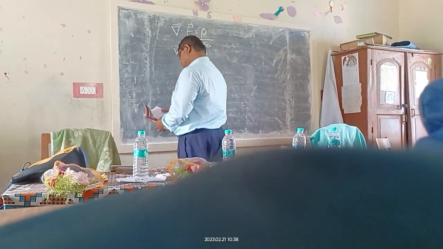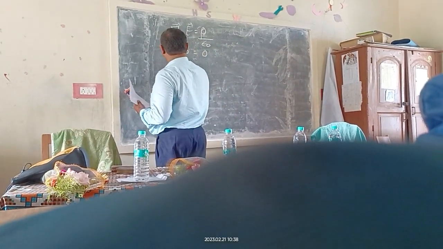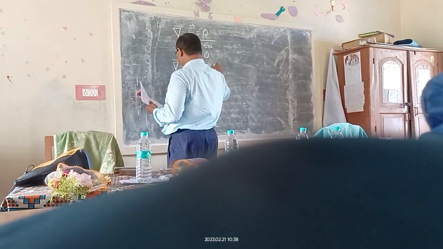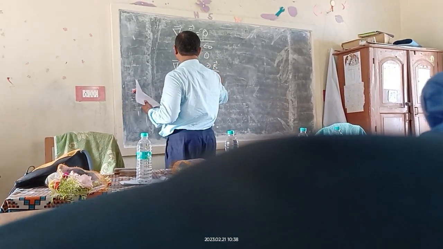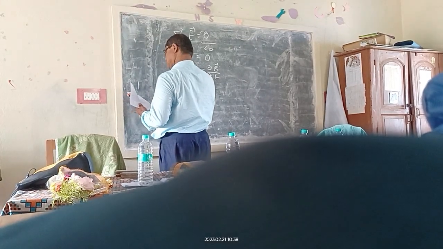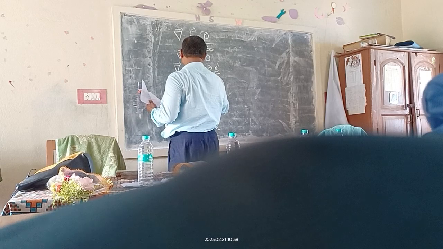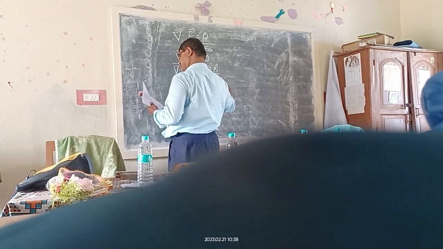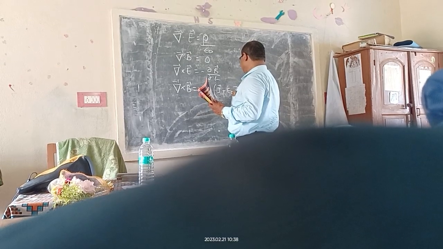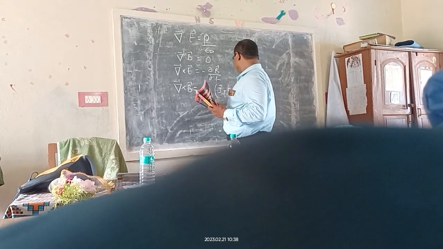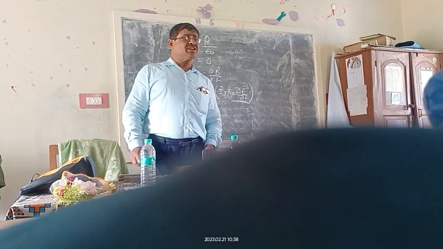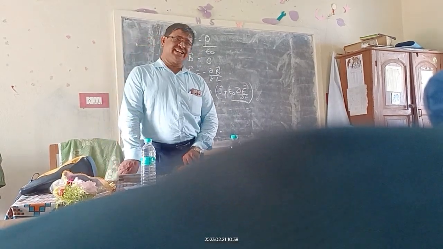Curl E is equal to minus del B by del t, and curl B is mu 0 J plus epsilon 0 del E by del t. This term is your displacement current density term.